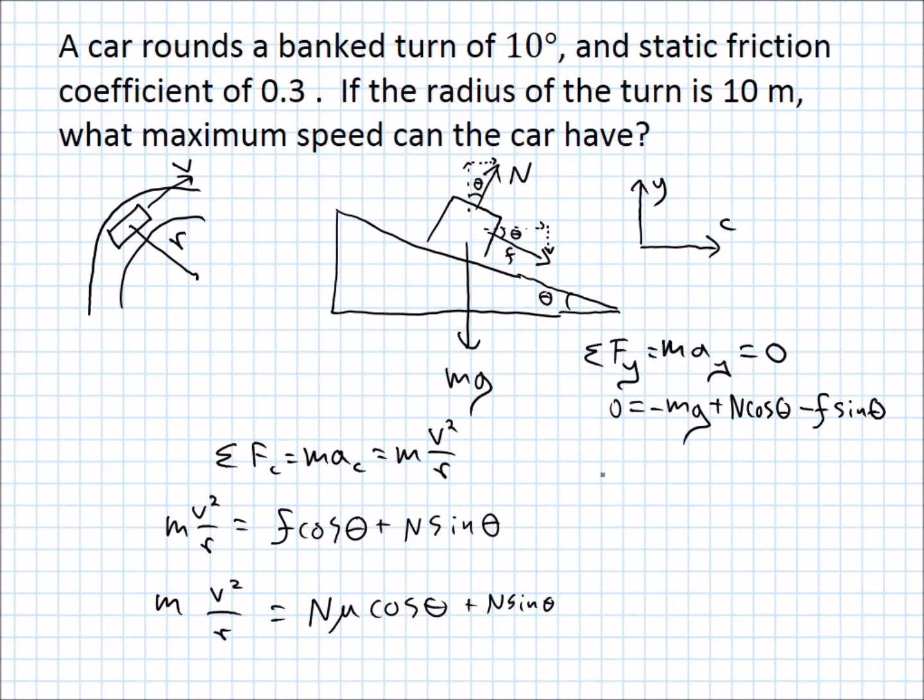Over here I'm going to add mg over. mg is equal to n cosine of theta minus n times mu sine of theta. So I don't know n, and of course I don't know v, that's what we're looking for. The only unknown in this equation is n, so let's solve for n.